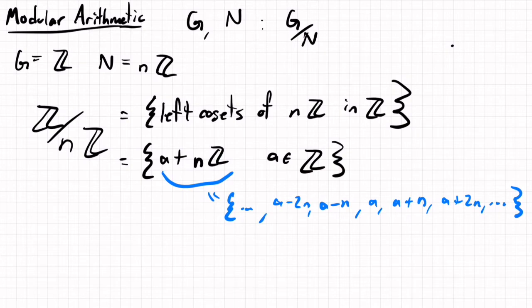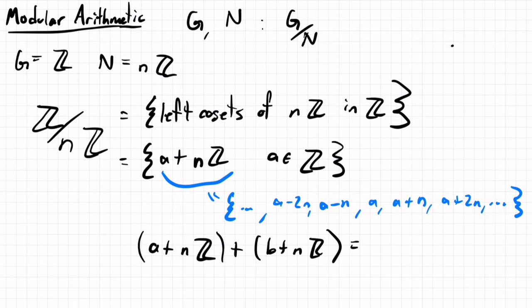And these are the elements of the group. The theorem about the quotient group tells us that A plus nZ plus B plus nZ equals A plus B plus nZ.